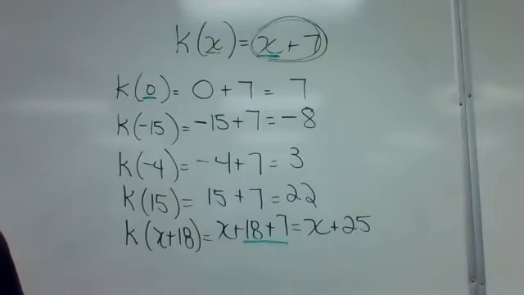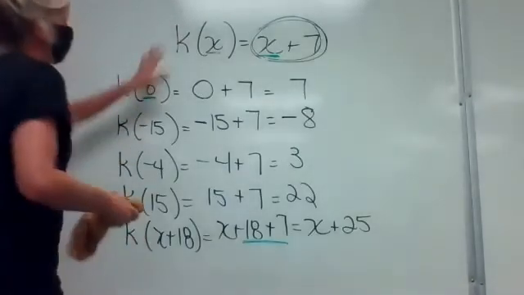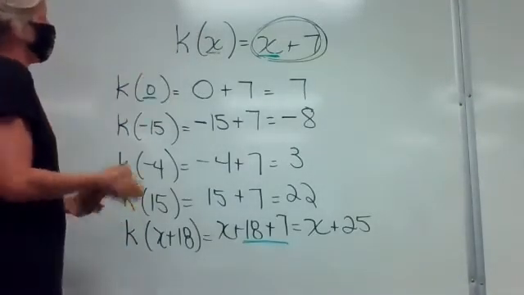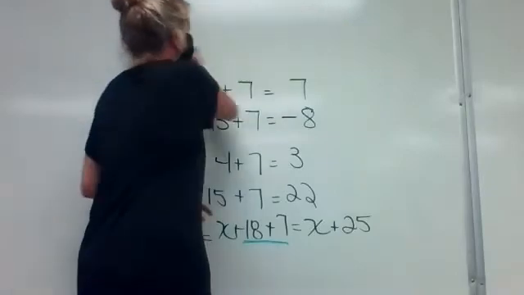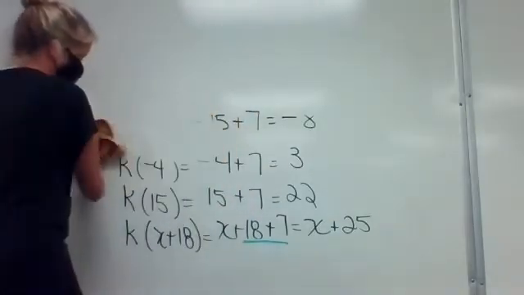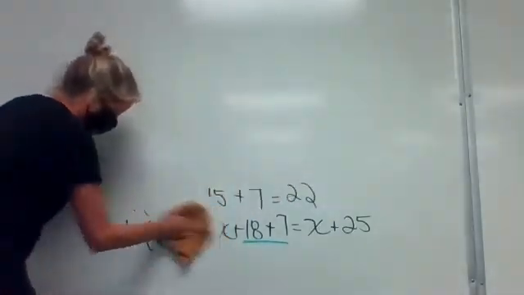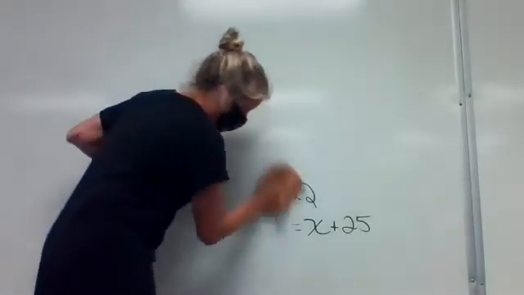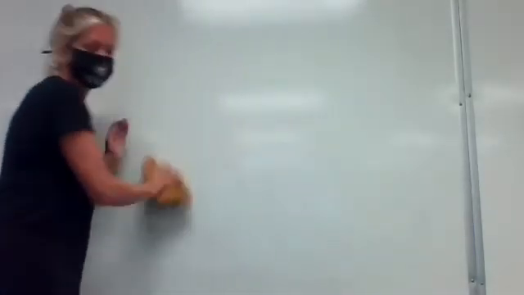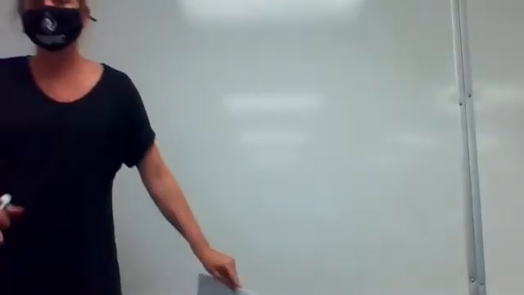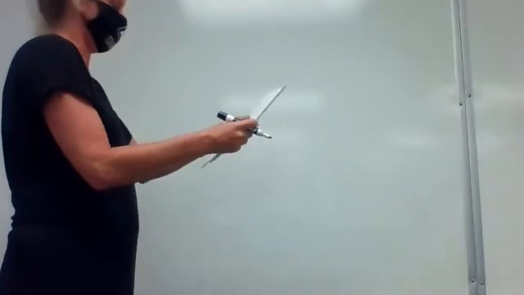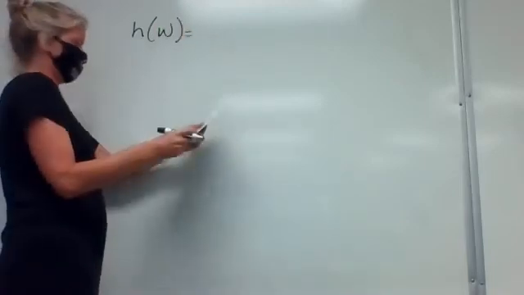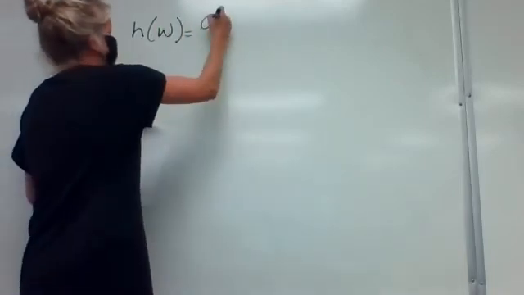All right, number 6, same kind of problem. It's going to give us a function and ask us to evaluate it with different numbers. The function this time is, doesn't matter what the letters are up front, h of w equals 9w plus 9.